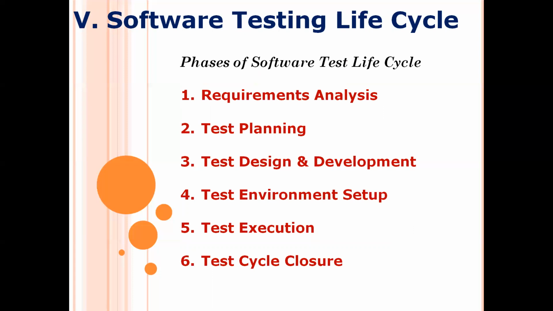Next, important one, the software testing life cycle. Heart of manual testing, heart of software testing. Software testing life cycle, or you can say software testing process. There are different phases in the software testing life cycle, which are given below.